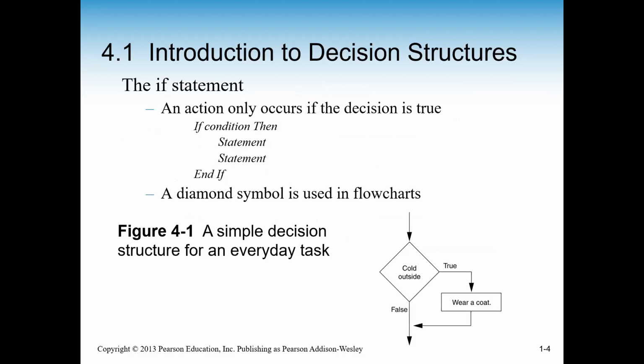So, introduction to decision structures. Our very first one is the if statement, which you have in Python. An action only occurs if the decision is true. Whatever condition you have in there, imagine that condition is on a deserted island somewhere.